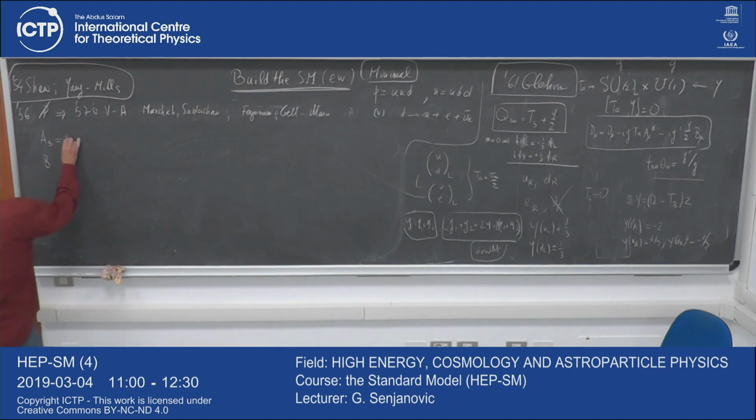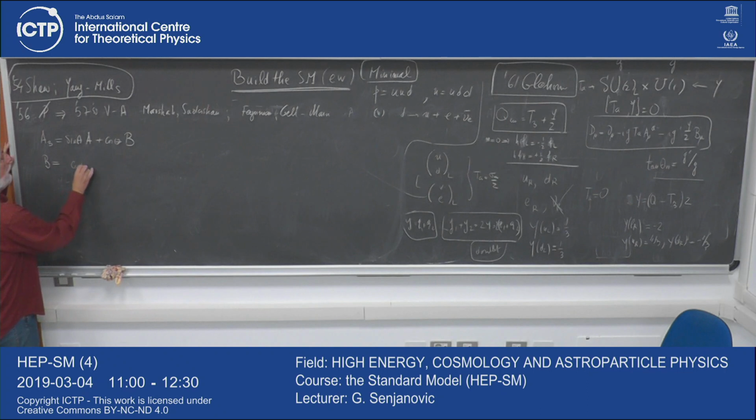So I'll just say that A3 is some linear combination of A and B. If I don't write the Lorentz index, it doesn't matter. Let's not write it, to keep the notation as simple as possible. Then B must be orthogonal to A3.